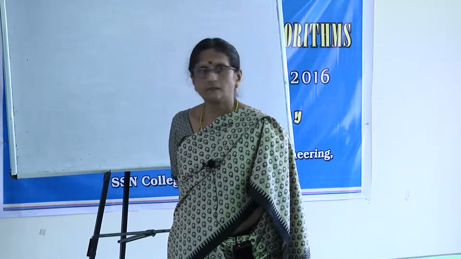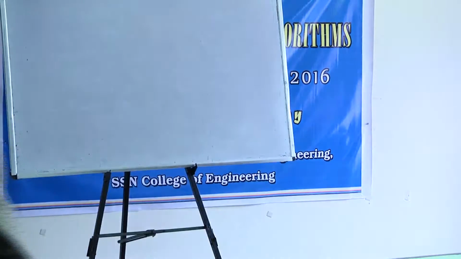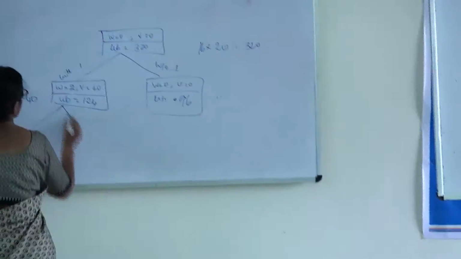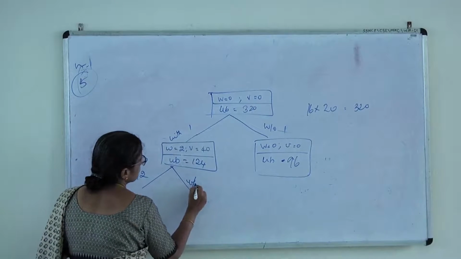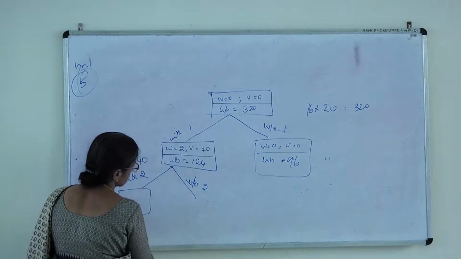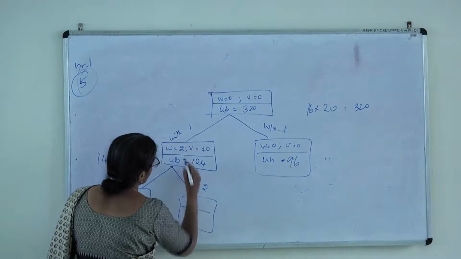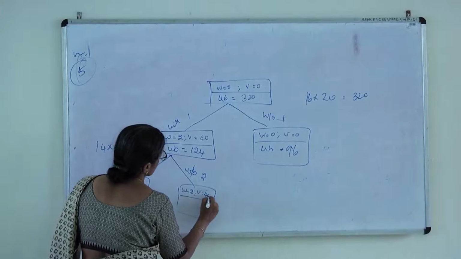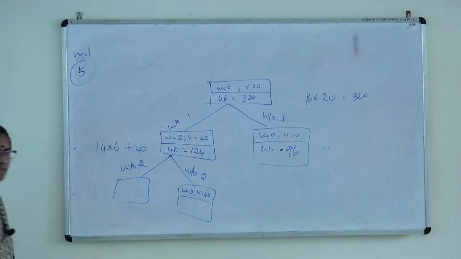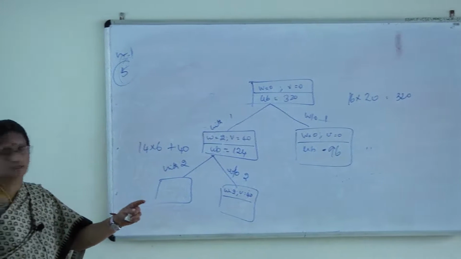Now, what will be the next level? With the next item: with 2, without 2. Without is easy. The weight does not change, the value does not change, but the upper bound will change.